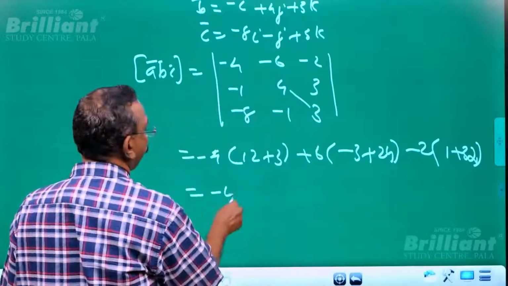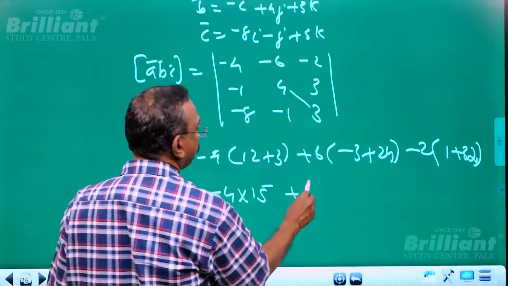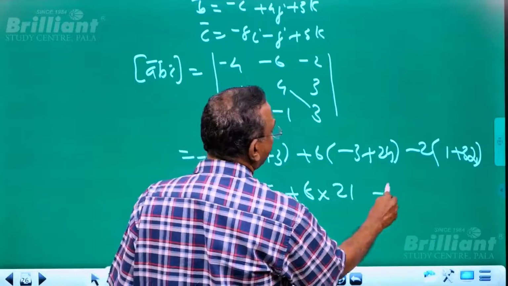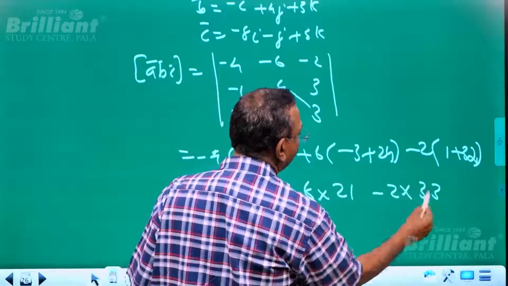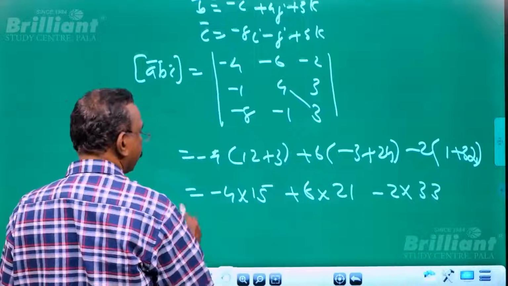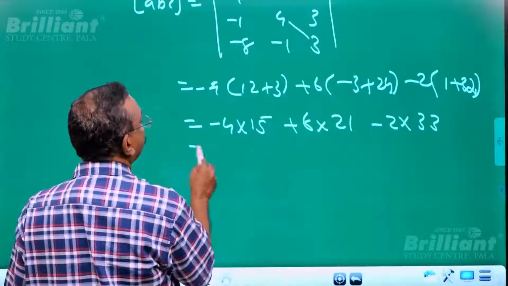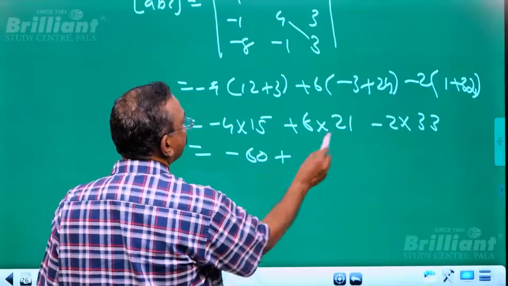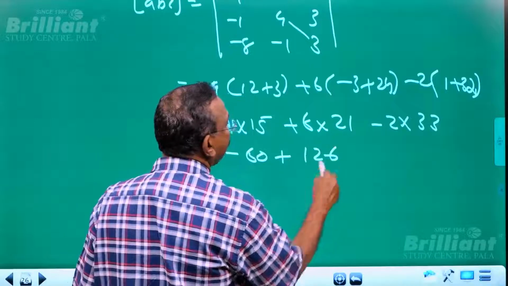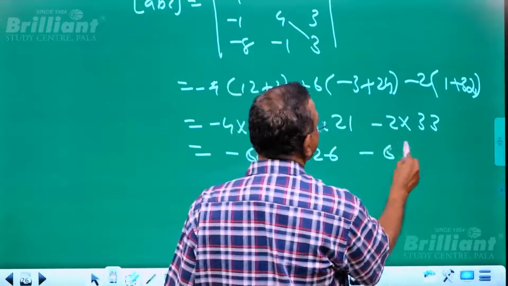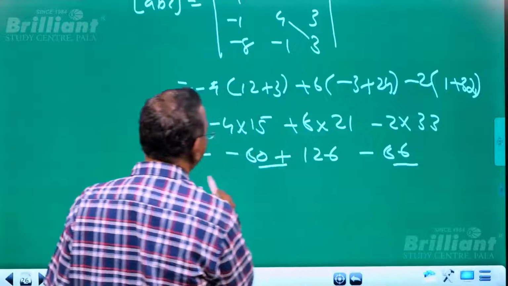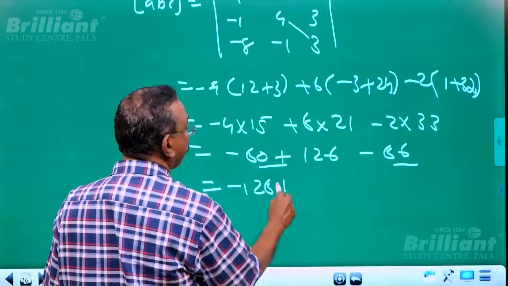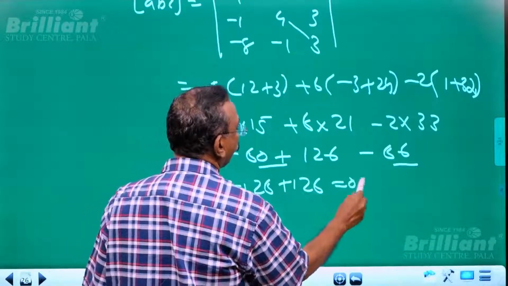So this is minus 4 into 15 plus 6 into 21 minus 2 into 33. This one is minus 60, plus this is actually 126, and here it is minus 66. So adding these two, minus 126 plus 126 is 0.